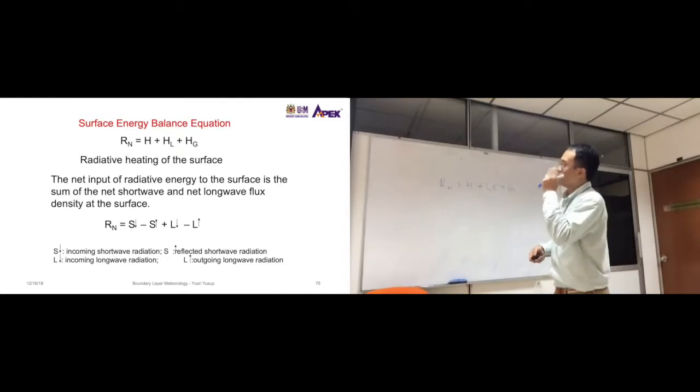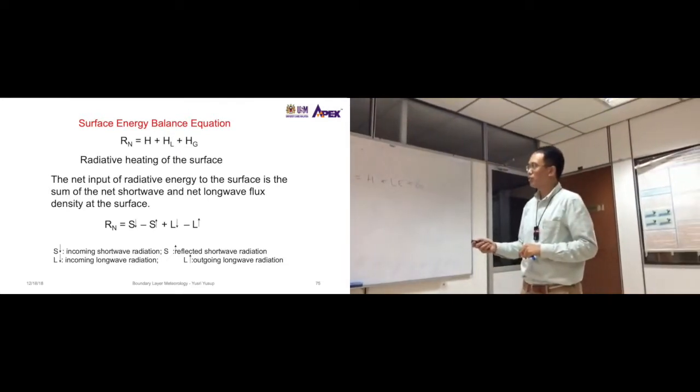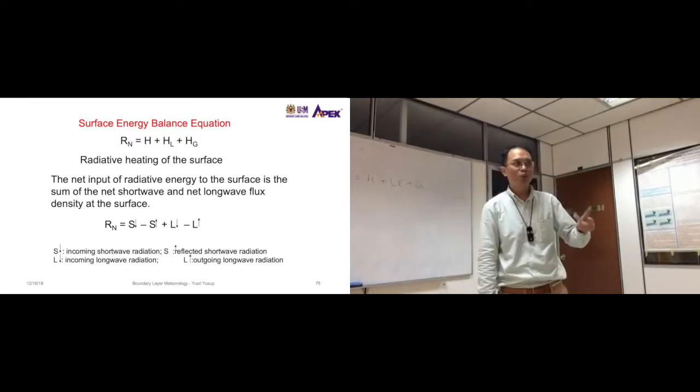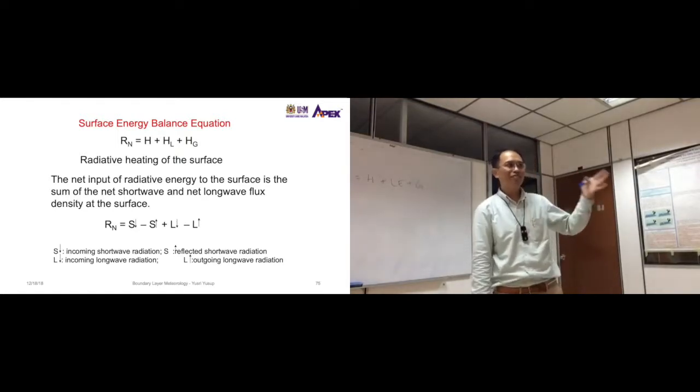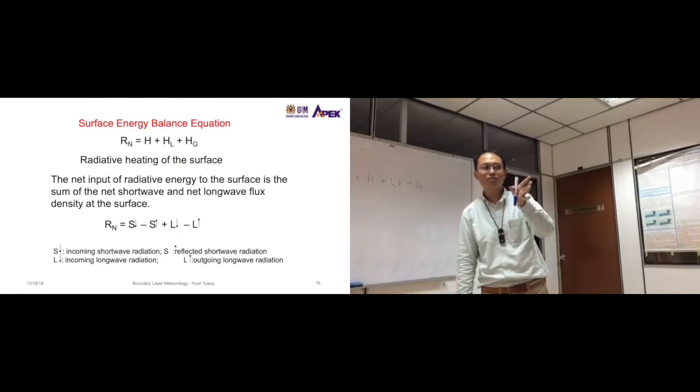Okay, radiative heating of the surface means the net input of radiative energy to the surface is the sum of the net shortwave and net longwave flux density at the surface. Shortwave comes from the sun. Remember, anything less than 4 micrometers is from the sun. Anything more than 4 micrometers is considered longwave.